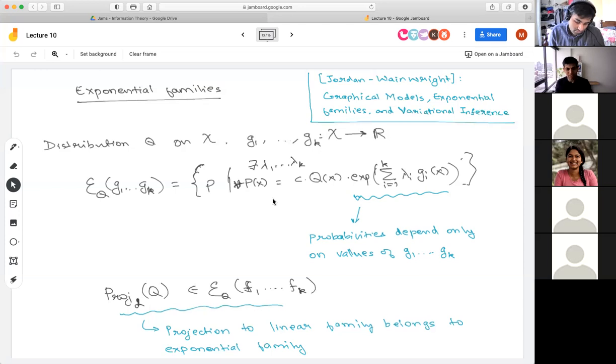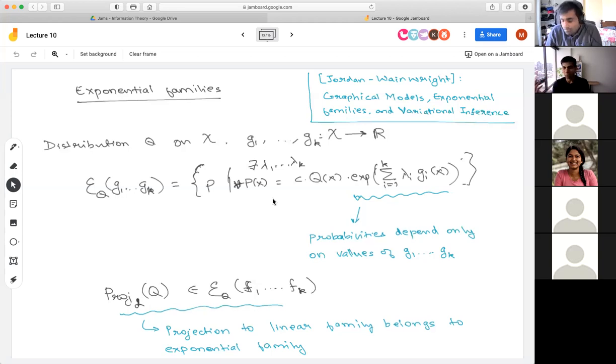It turns out that this will be true when we compute the projection. It's a nice theorem saying that if you look at all distributions where the expectation of x squared is some number alpha, then the distribution will look of the following form: the probability of an element will be e to something times the value of x squared for that x.